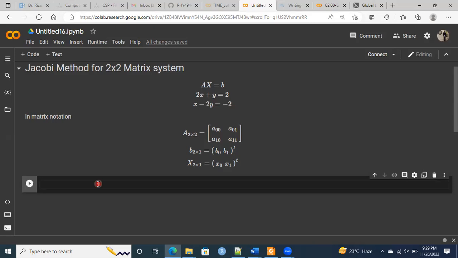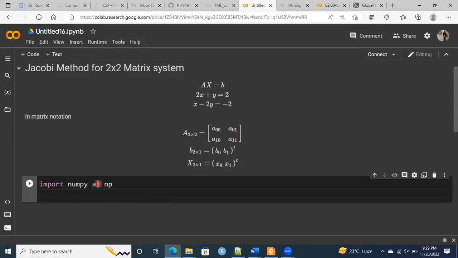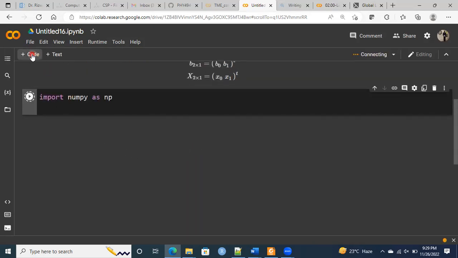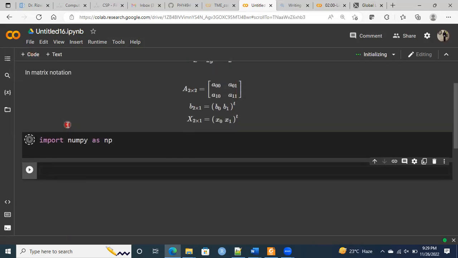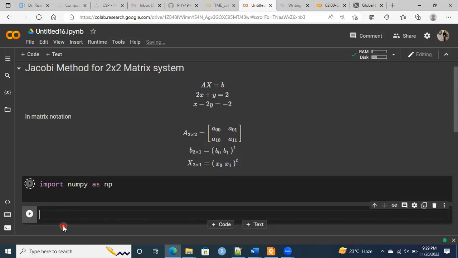So I start with the library import. I write import numpy as np, and since I'm not interested in showing a graph here, just the algorithm, only this library is sufficient. The next is to create an array for A. So I write A equals numpy array, and it's going to be a 2 by 2 matrix.